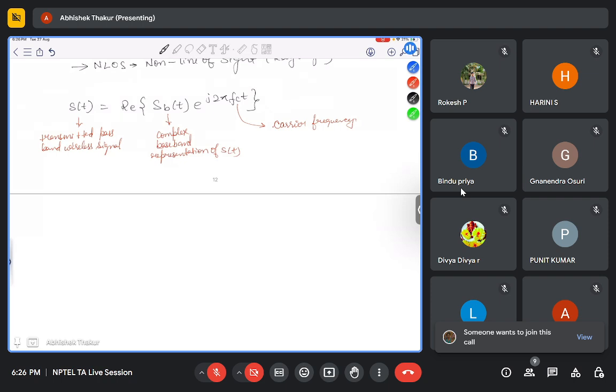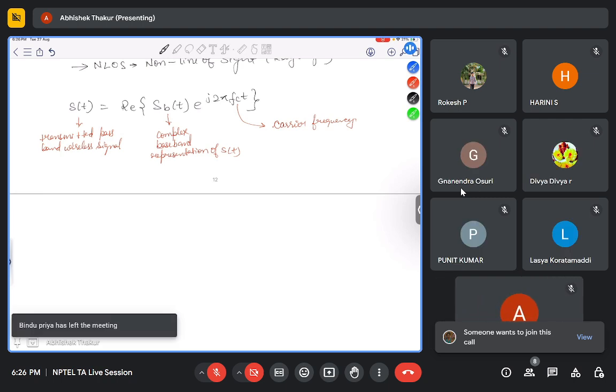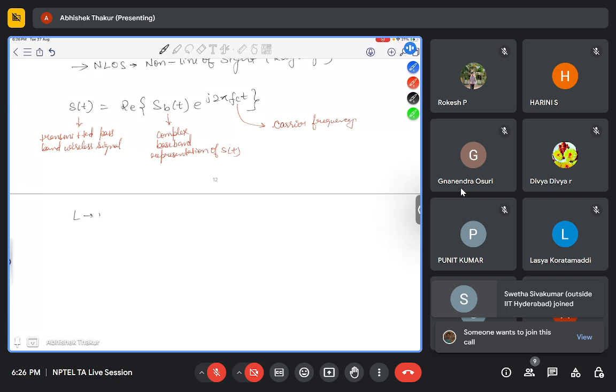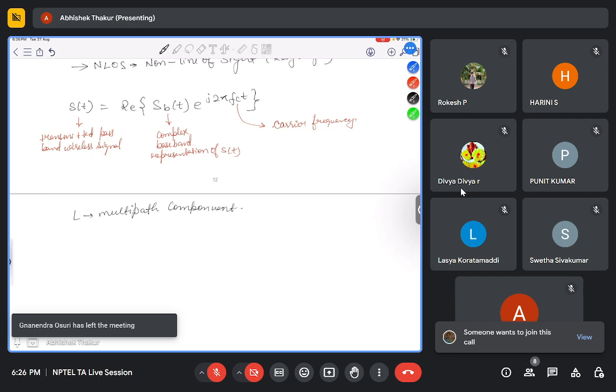Next we need a model for the wireless communication channel. Let us consider a channel with L multipath components. Each component has two characteristics.